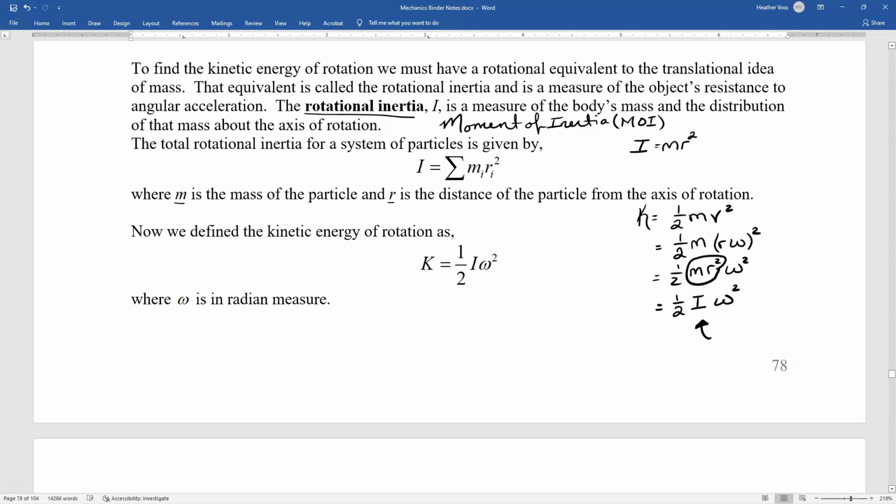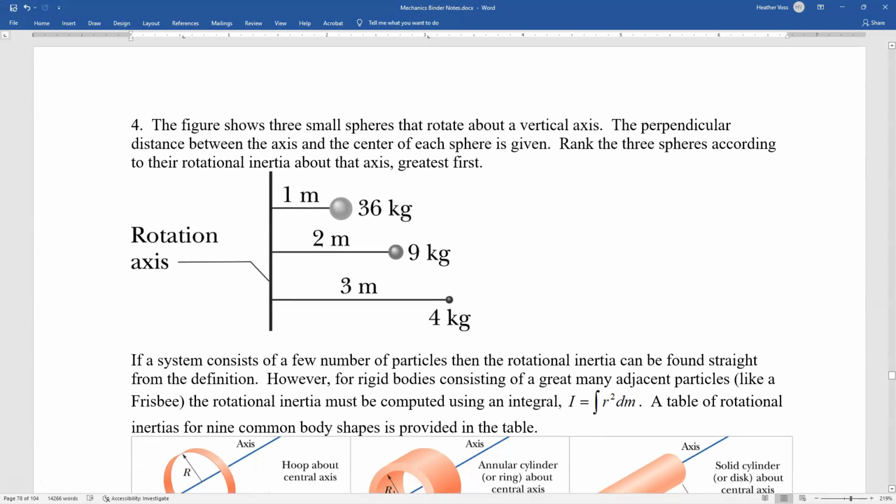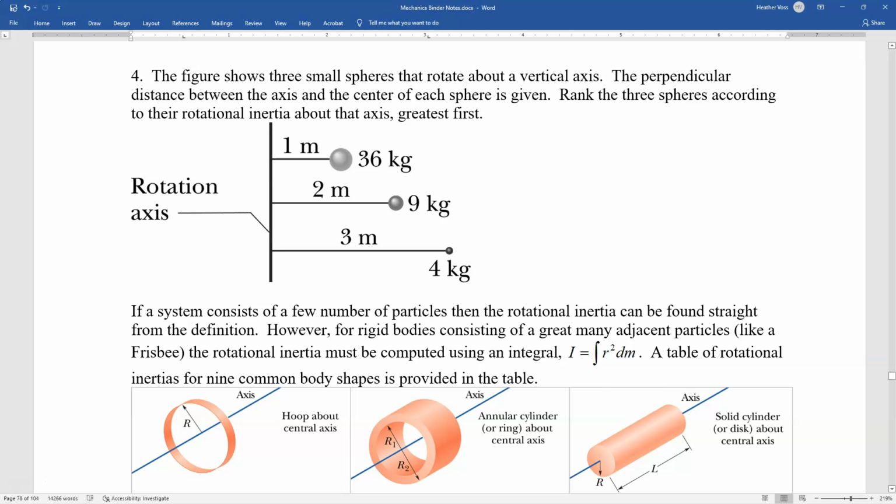So as we scroll down our page, we had this example. And so we can look at these individual objects. If I wanted to calculate the moment of inertia for the first one, keeping in mind point mass, we're looking at mr squared. So we're going to have 36 kilograms times 1 squared. So that's going to give me 36. Now my units for rotational inertia are going to be kilograms because we had the mass, and then a meter squared because we had that distance squared, so it's a kilogram meter squared.